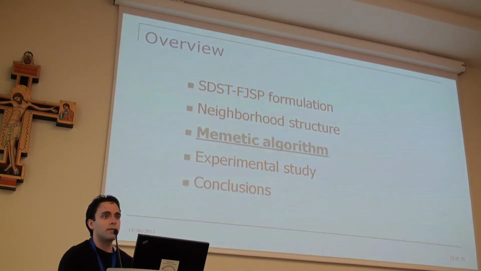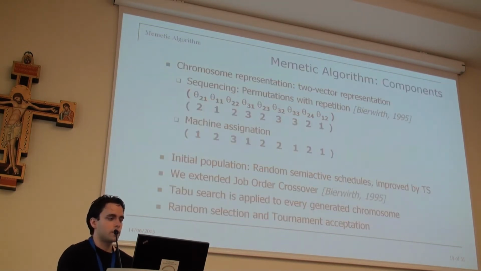And I'm going to describe the metaheuristic used to solve the problem. It's a genetic algorithm combined with tabu search. A genetic algorithm is based on maintaining a set of solutions to the problem and evolving through a number of generations.